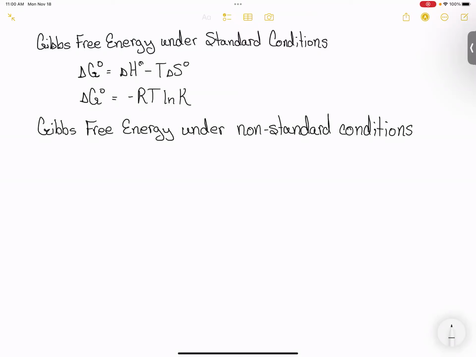And then tomorrow in lab, be prepared to take notes the first hour and a half of lab. I'll be going over balancing redox reactions. We will get into the galvanic cell, and most likely we will get into standard potential energy.